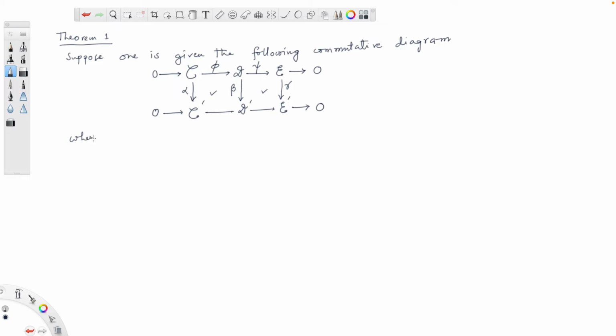where the horizontal sequences, there are two sequences here, like I said before, are exact sequences of chain complexes, and alpha, beta, gamma are chain maps.